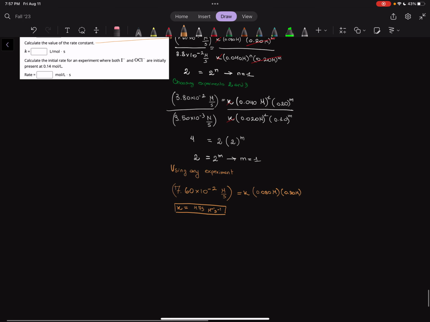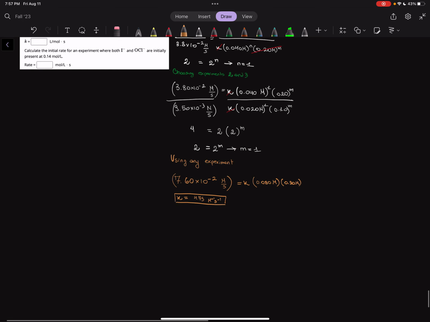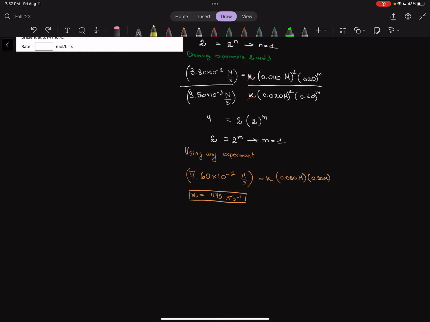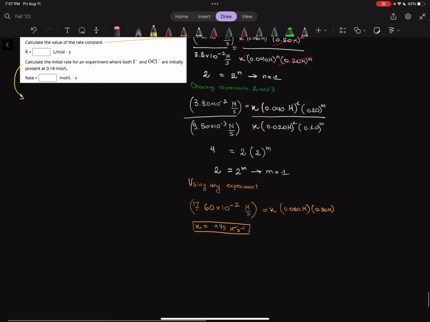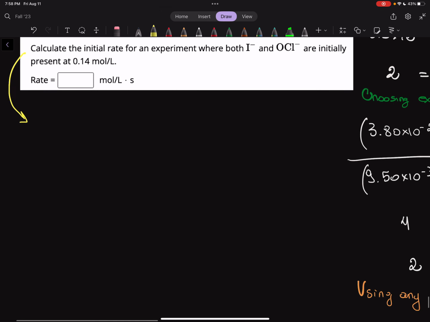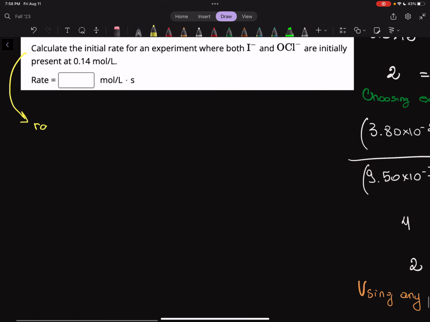rate constant. And now calculate the initial rates for an experiment where both I and OCl are initially present at 0.14 molarity. And so this last part, what color can I do it in? I'll do it in this color right here. That last part, all we have to do is use the formula we just filled in.